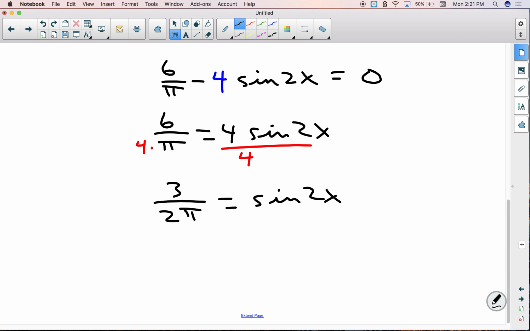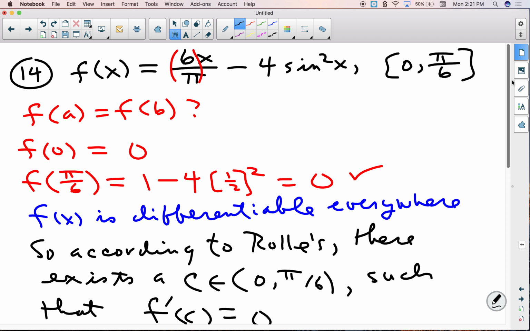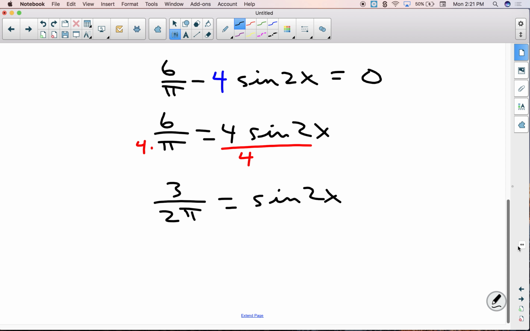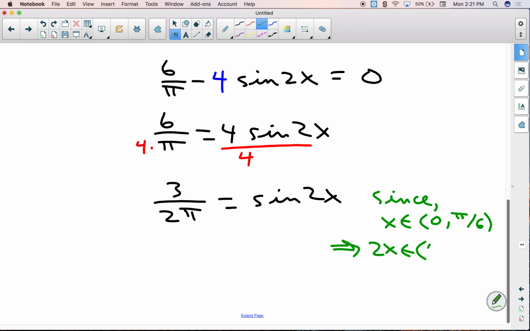Now remember, let's go back here for a minute. Remember that x is in the interval 0 to pi over 6. So let's put a note over here: since x is in 0 to pi over 6, then 2x is in 0 to pi over 3.